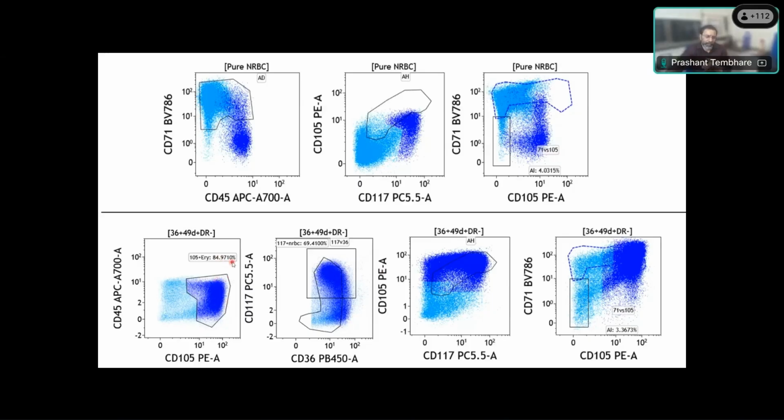In this example there is 84%, and in this example there is 69%. The other common example is loss of CD36 expression and loss of CD71, which is the commonest aberrancy in erythroid maturation in dyserythropoiesis, as well as increased proportion of pronormoblasts.